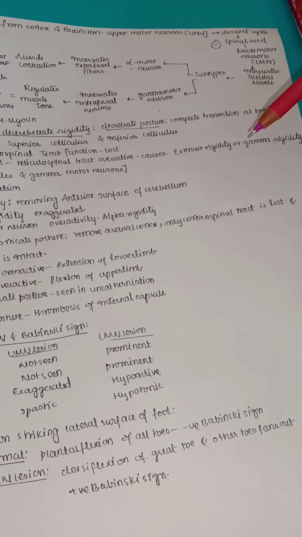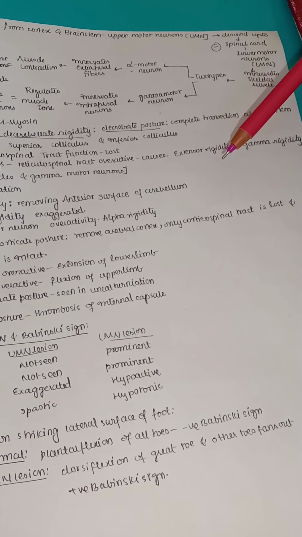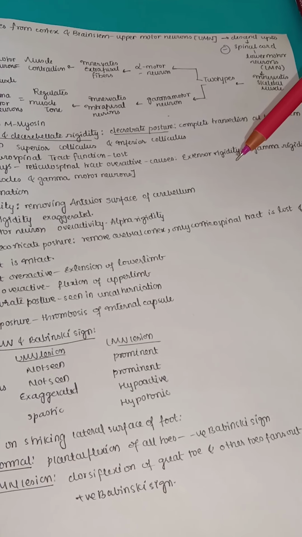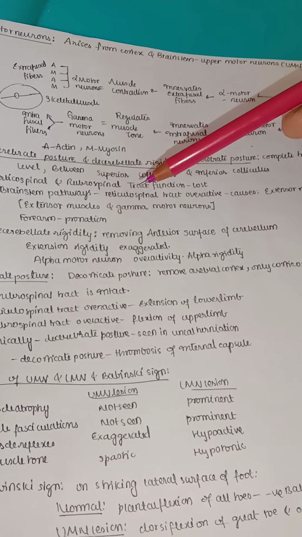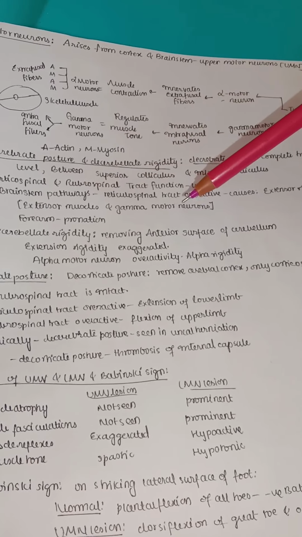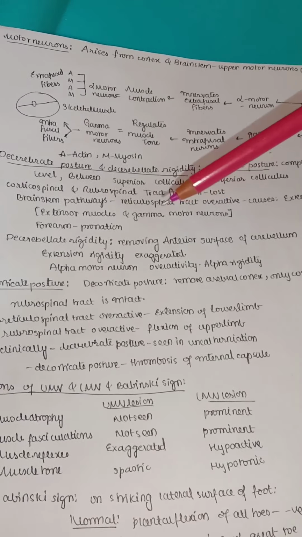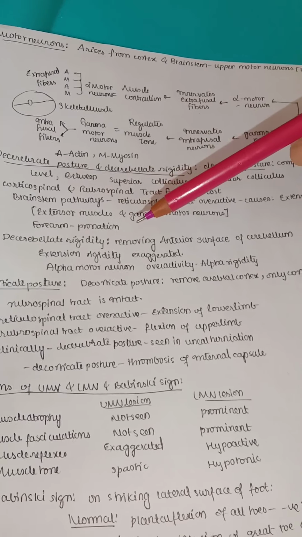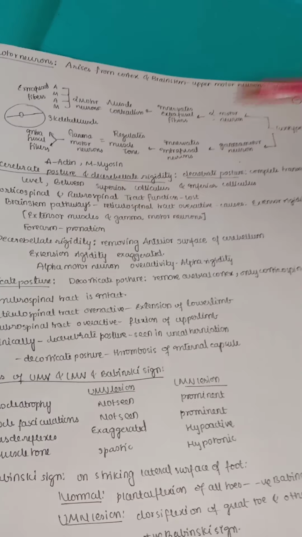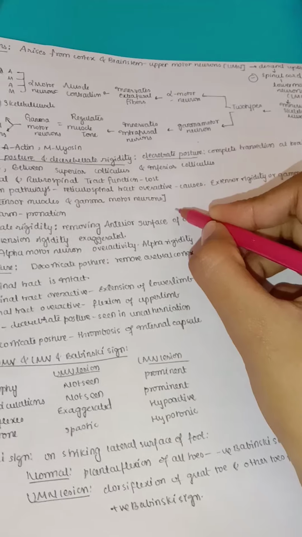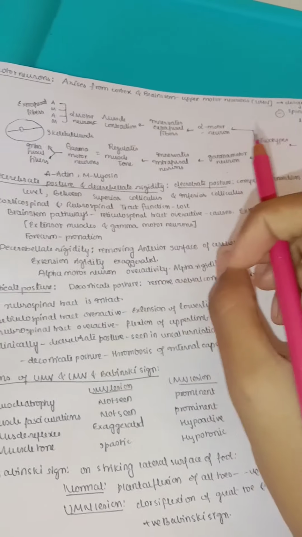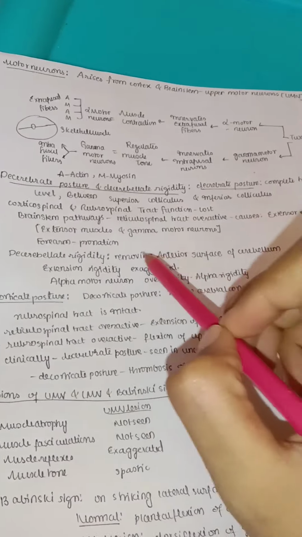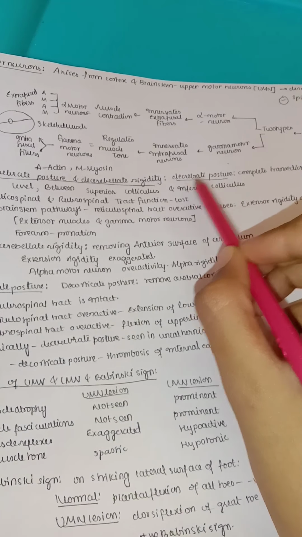Extensor rigidity means the extensor muscles will become more rigid, so that they can't move, because of the overexcitation by the reticulospinal tract. The forearm will undergo pronation. The position in which the person looks is that the forearm will be pronated, and the extensor muscles and the gamma motor neurons will become rigid. That is how the person looks in the decerebrate posture.